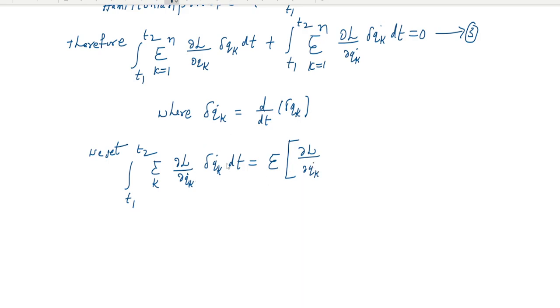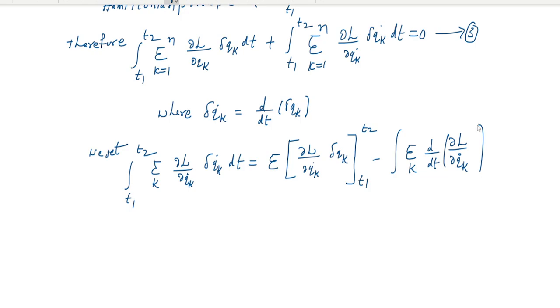Okay, integration and differentiation cancel, then we'll get the value. Okay, this one, right? Partial derivative of qk, from t2 to t1, minus integral summation over k, dy dt, into partial derivative of L divided by partial derivative of velocities.